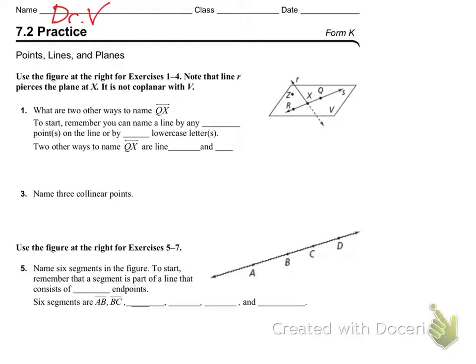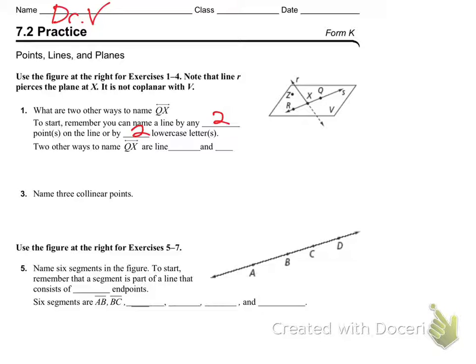Number one here, what are two other ways to name QX? To start, remember that you can name a line by any 2 points on the line or by two lowercase letters.